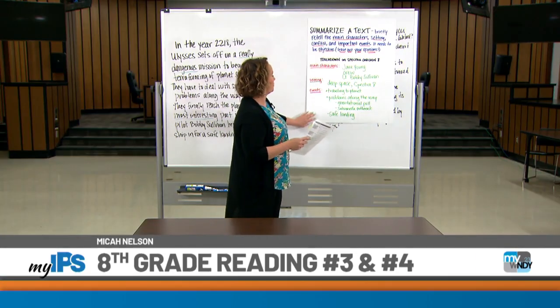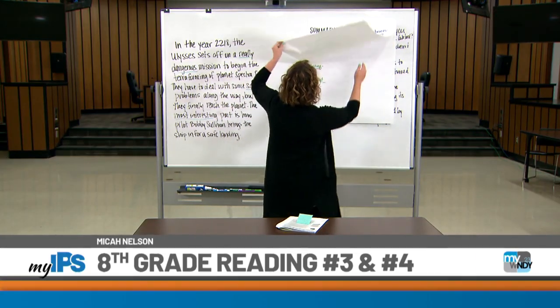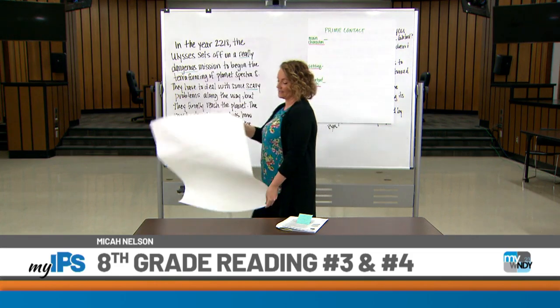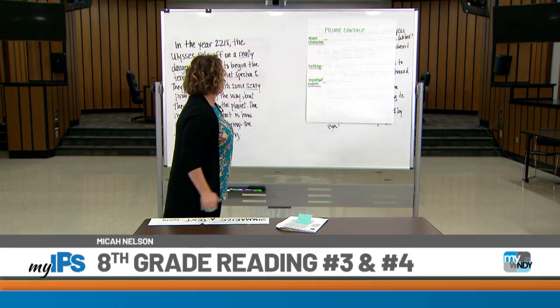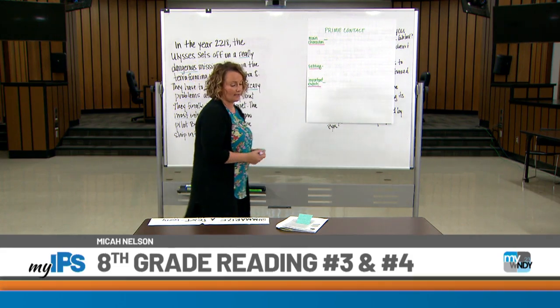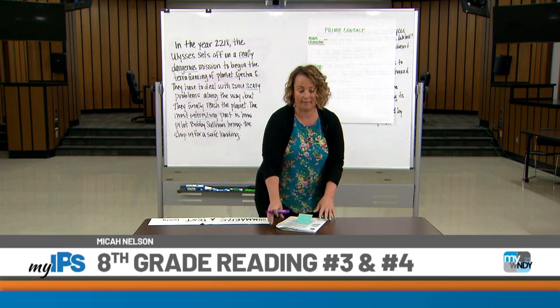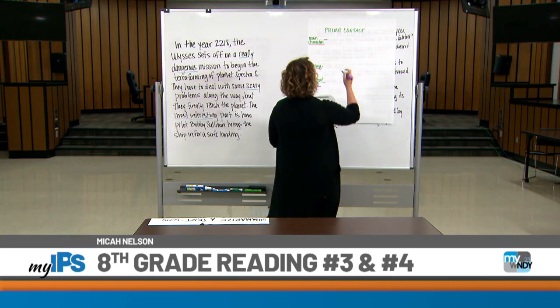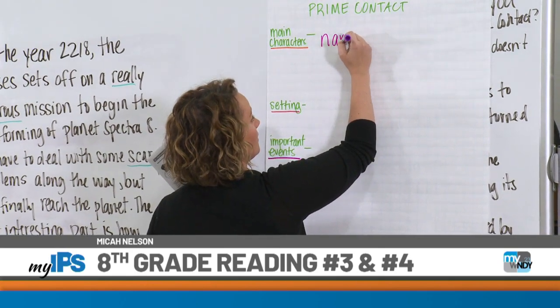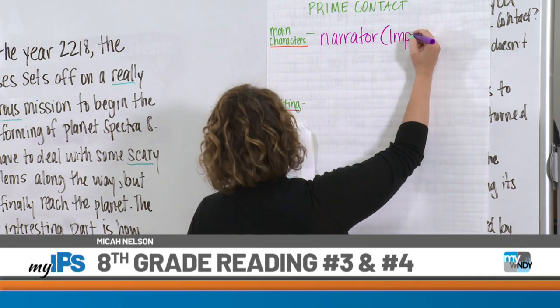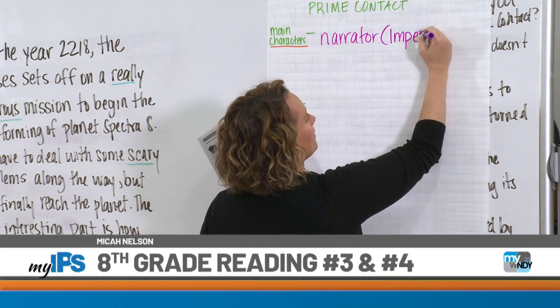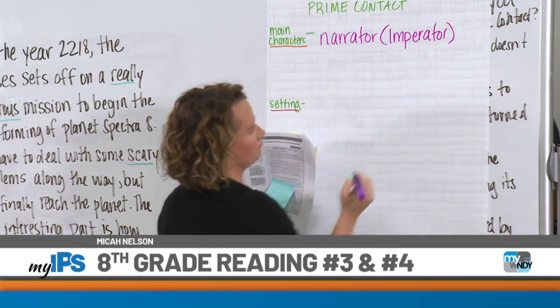So we're going to think through now, in this story called Prime Contact, who are our main characters? So we know that there's the Imperator, the narrator. We don't know her name, but we do know her title, okay?